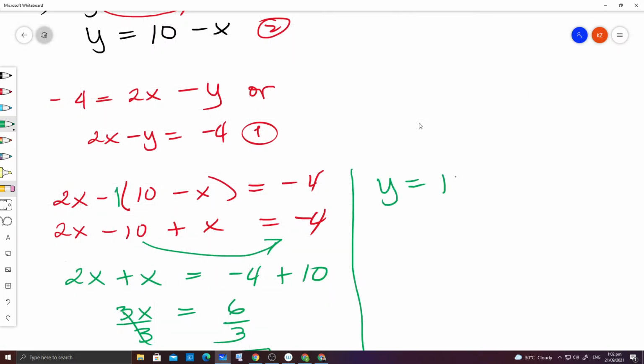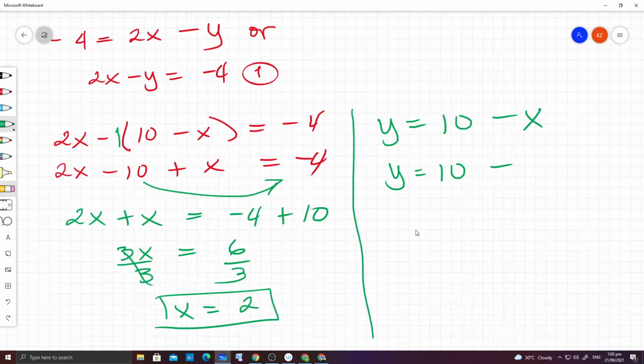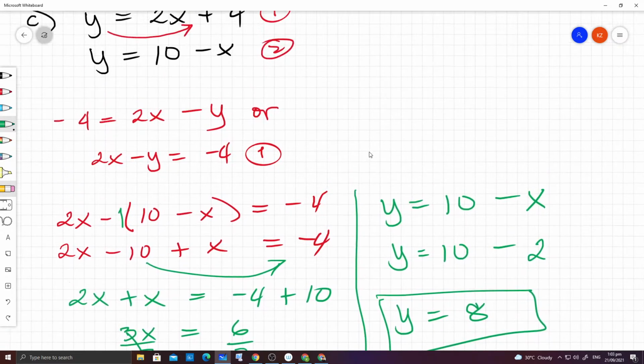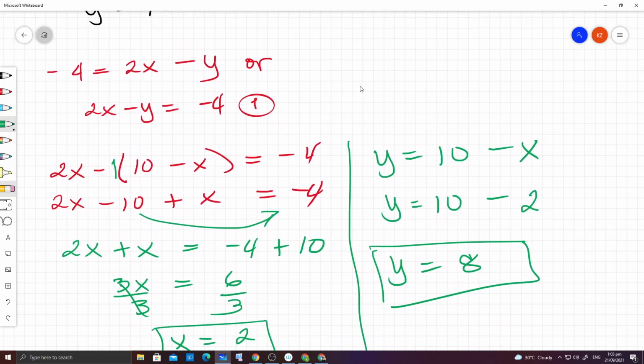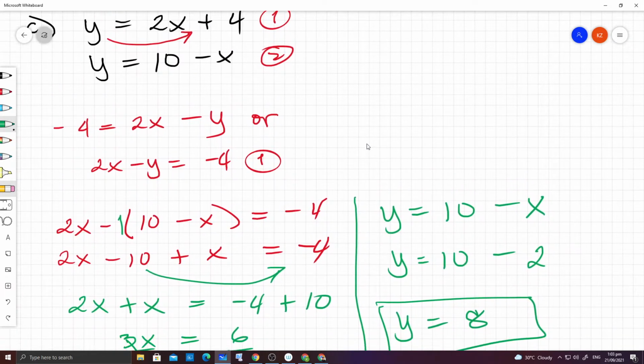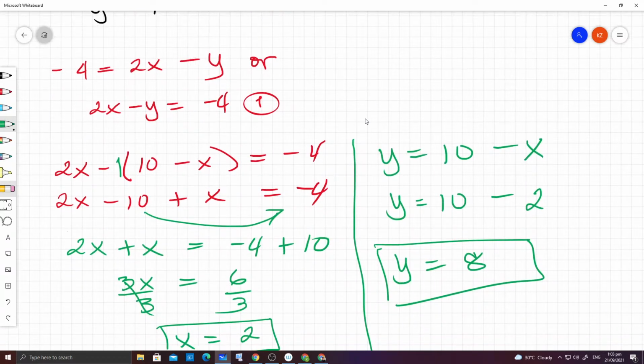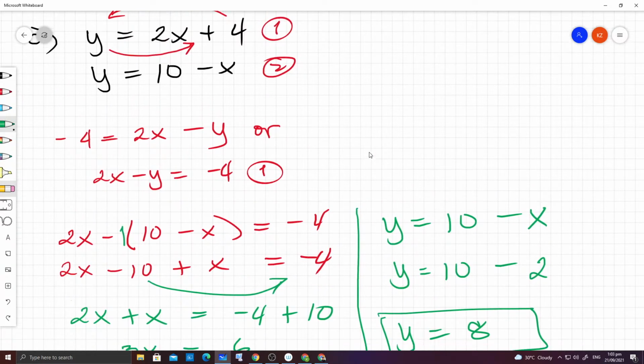So y is equal to 10 minus x, 10 minus, what's the value again? 2. So y is equal to 8. x is 2 and y is 8.